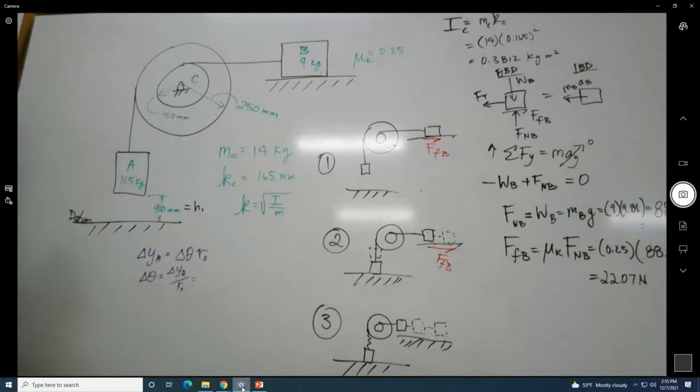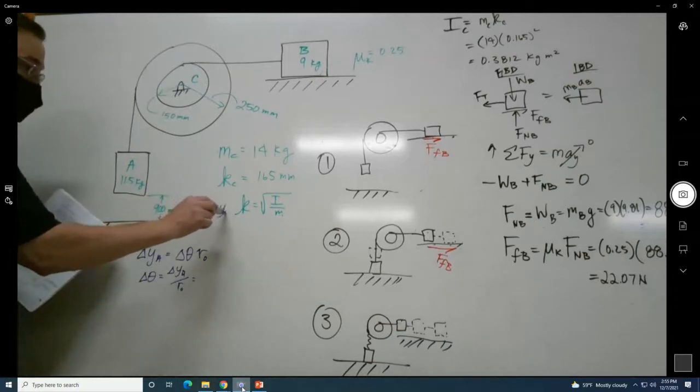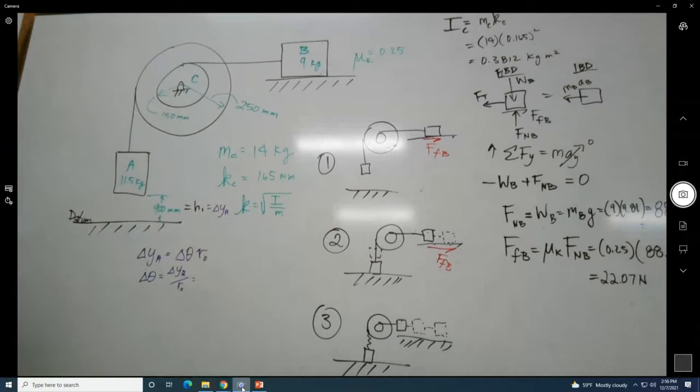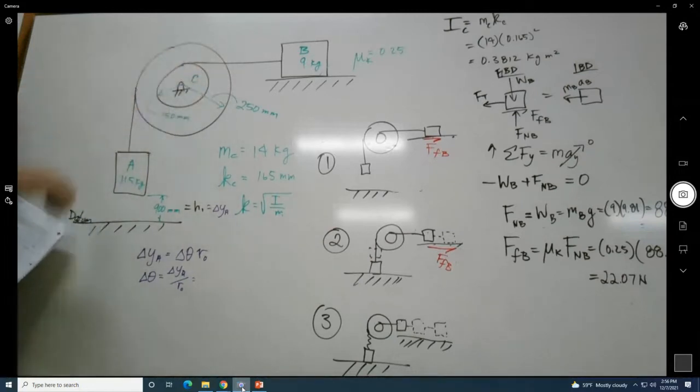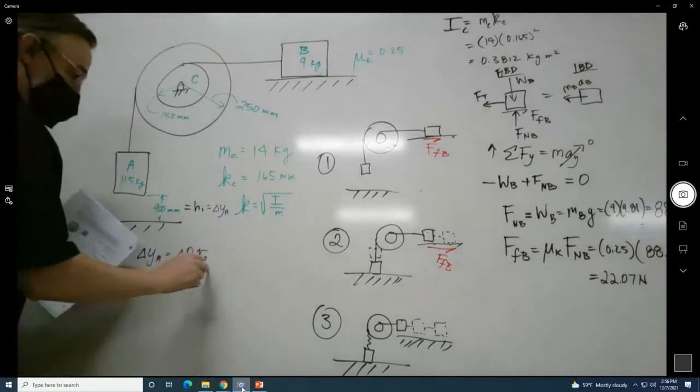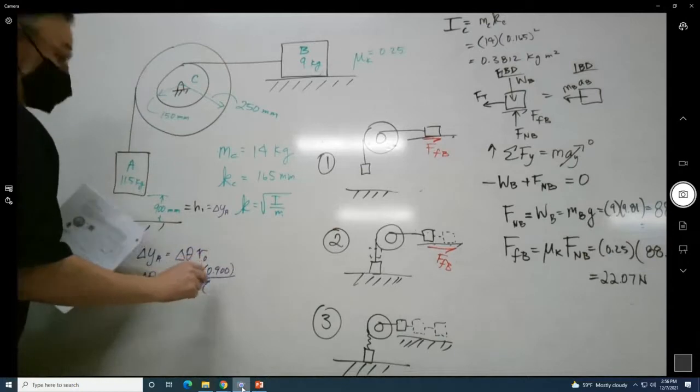Does that make sense? So delta Y is the change in height. So this thing moves this amount. This cable unwraps from here, makes this cable wrap around there. I want to know how many radians this thing is going to rotate when that happens. And that's going to be 0.9 divided by 0.25.